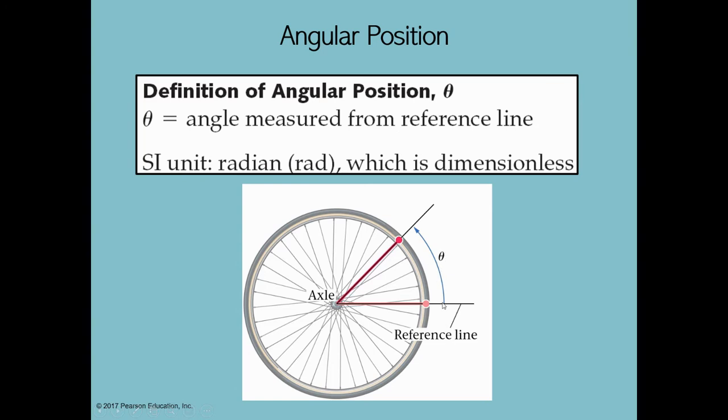And theta is going to be the place where we define it to be 0, so that our reference line is the point where it equals 0. So for example, here, we'll say this point is 0. And once this wheel has made a full turn and comes back, it'd be 360 degrees, though we won't be using degrees very often in this unit. We'll be using radians.